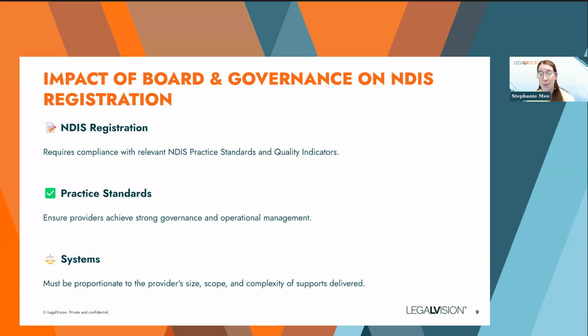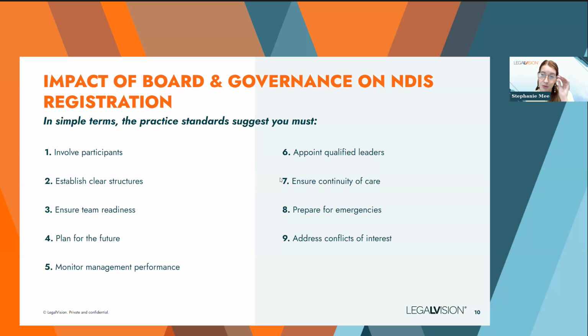The major outcome is that each participant's support is overseen by robust governance and operational management systems proportionate to the size and scale of that provider and to the scope and complexity of the supports that are delivered. So that's the overarching goal. Let's have a better look at what, in simpler terms, that might mean.